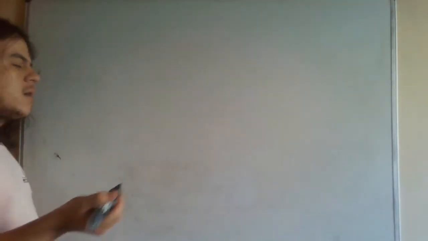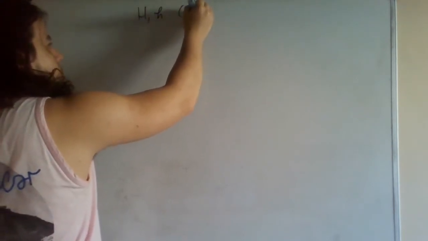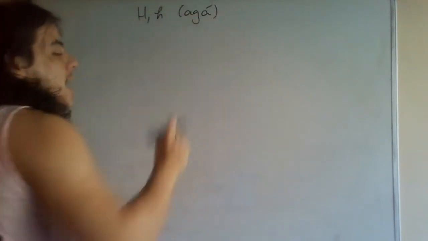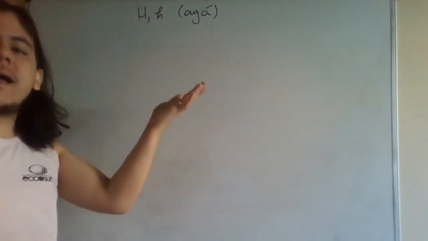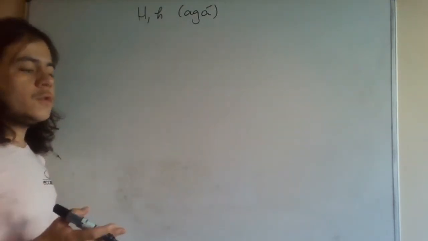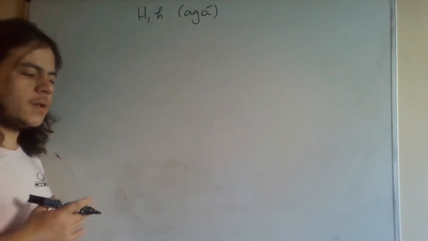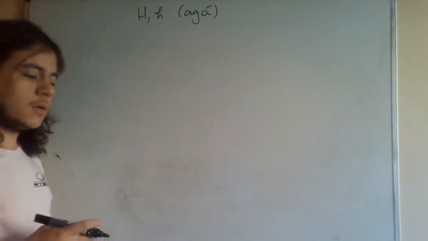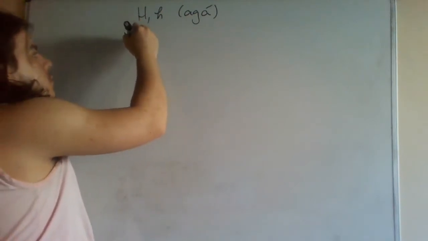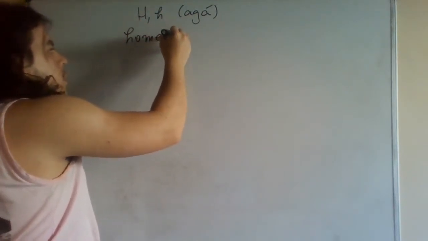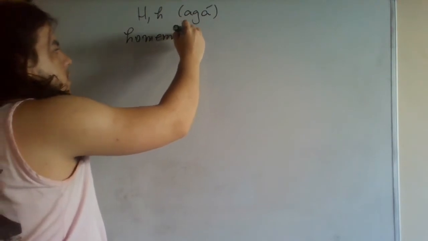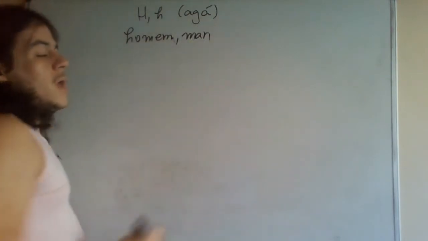Next letter, letter H, in Portuguese is H. Letra H. So when it comes at the beginning of a word, it has no sound. For example, this word here, homem, it means man.